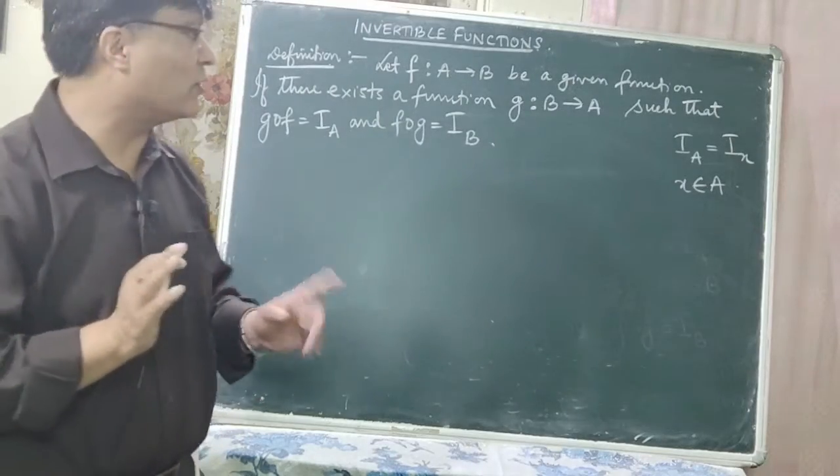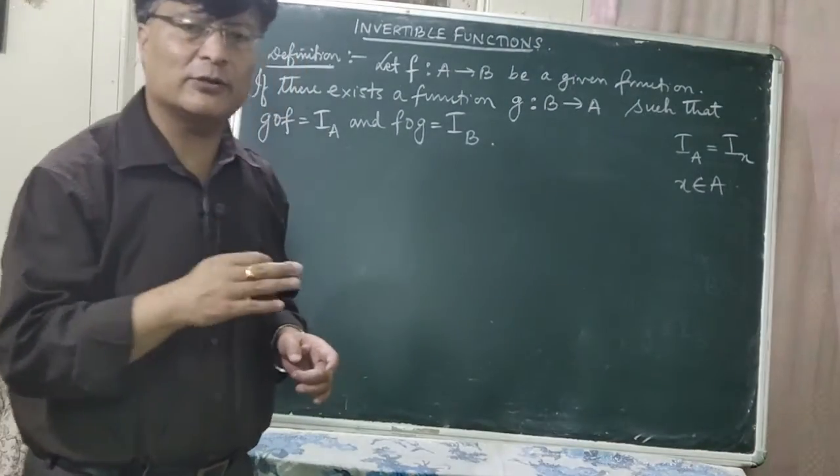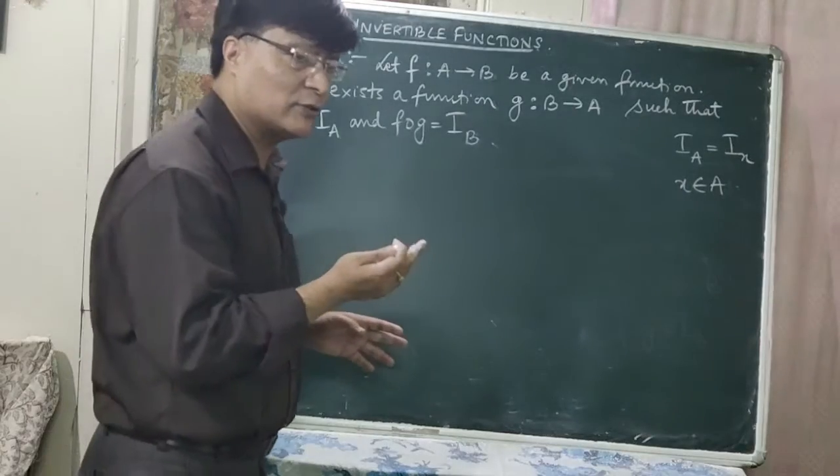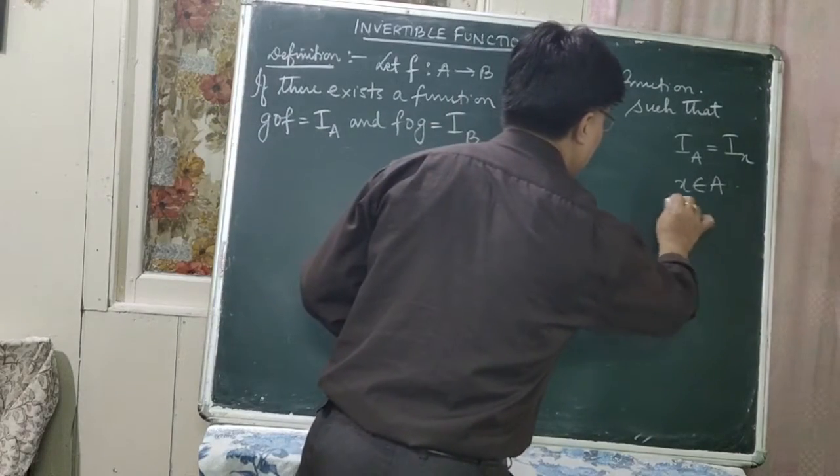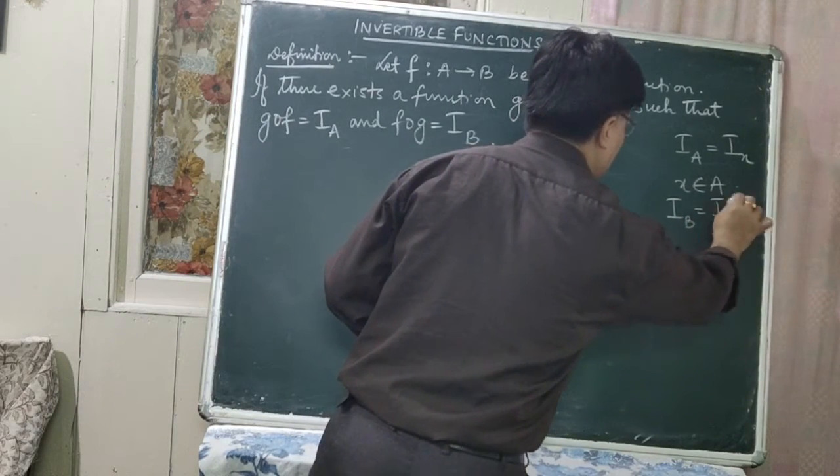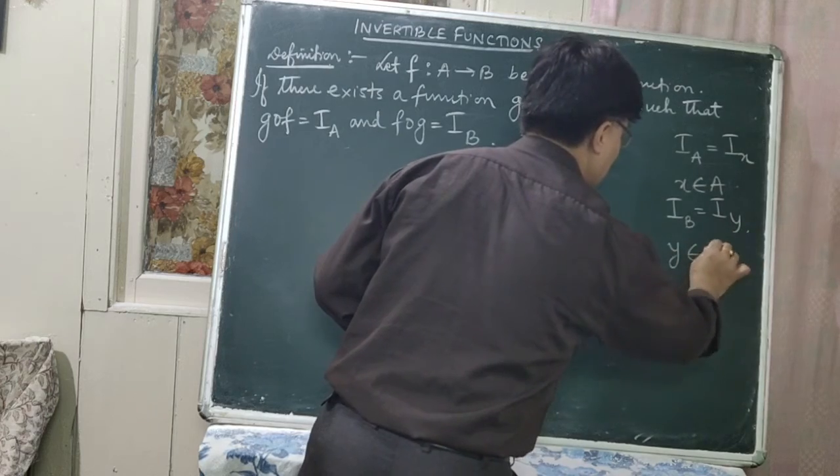Okay? Don't get confused regarding this one. IA is equal to IX लेख्दा पनि भयो किनभने X belongs to the set A. अनि कोही बेला हामी IB मा हामी के लेख्छौं? IY पनि लेख्छौं किनभने Y belongs to the set B.